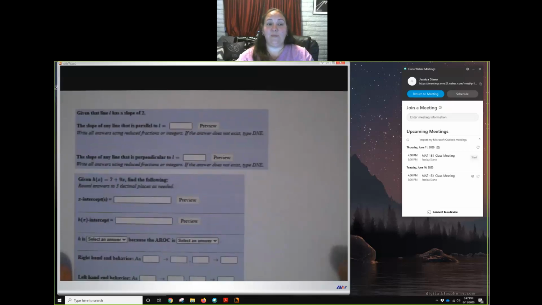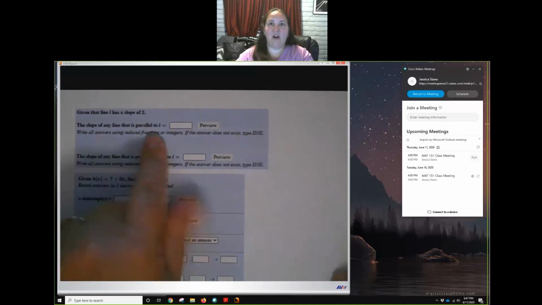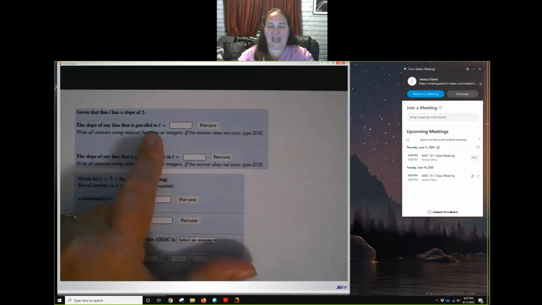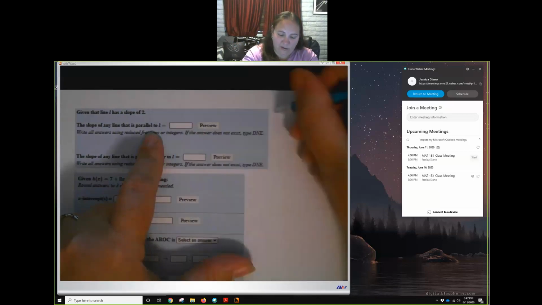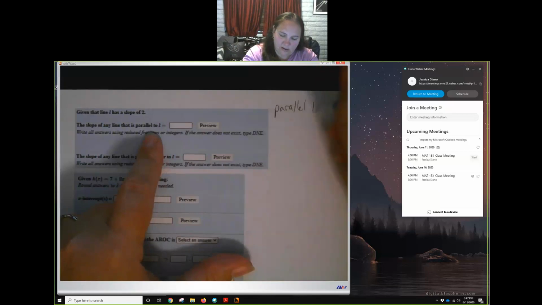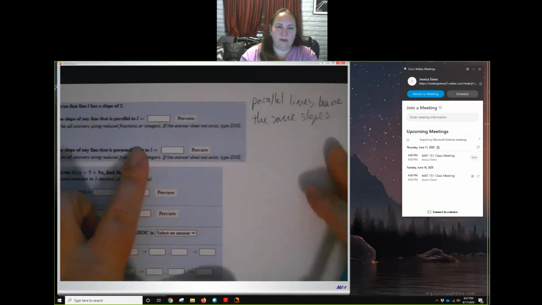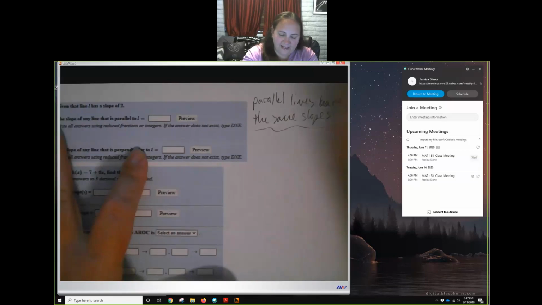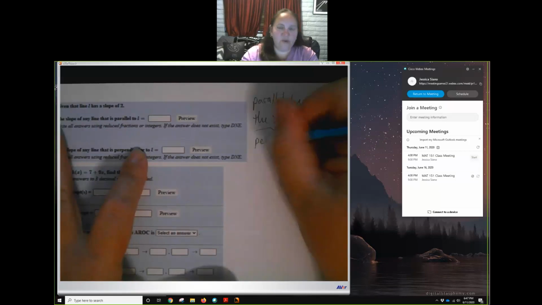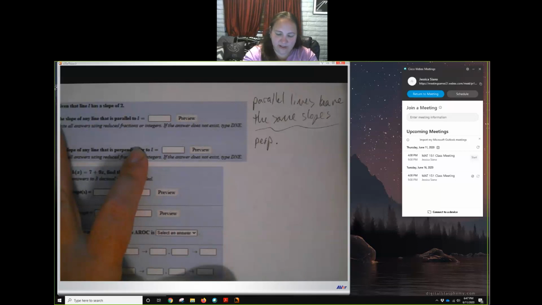So remember that lines that are parallel means they will never intersect. So in order for the lines to never intersect, they have to be rising and running at the same rate, which means that parallel lines have equal slopes. And perpendicular lines, those lines cross at 90-degree angles.